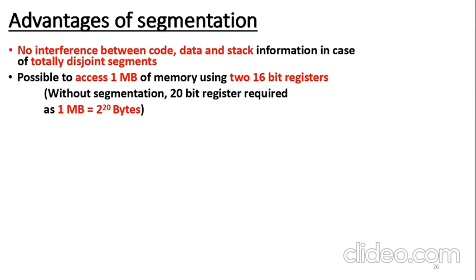It means that in 8086 processor, accessing 1 megabyte of memory is possible by using 16-bit registers. And this is made possible because of segmentation, because of the process of calculation of physical address, which we have seen earlier.